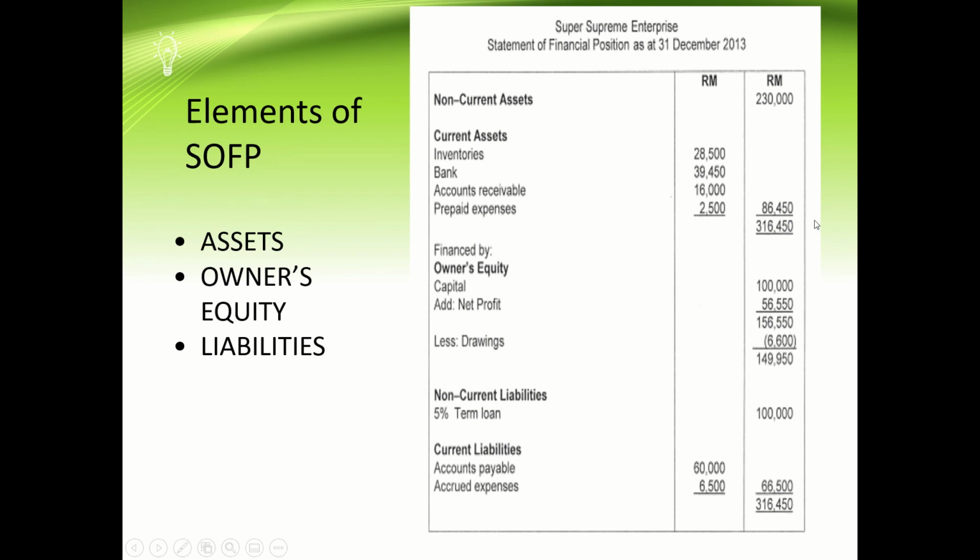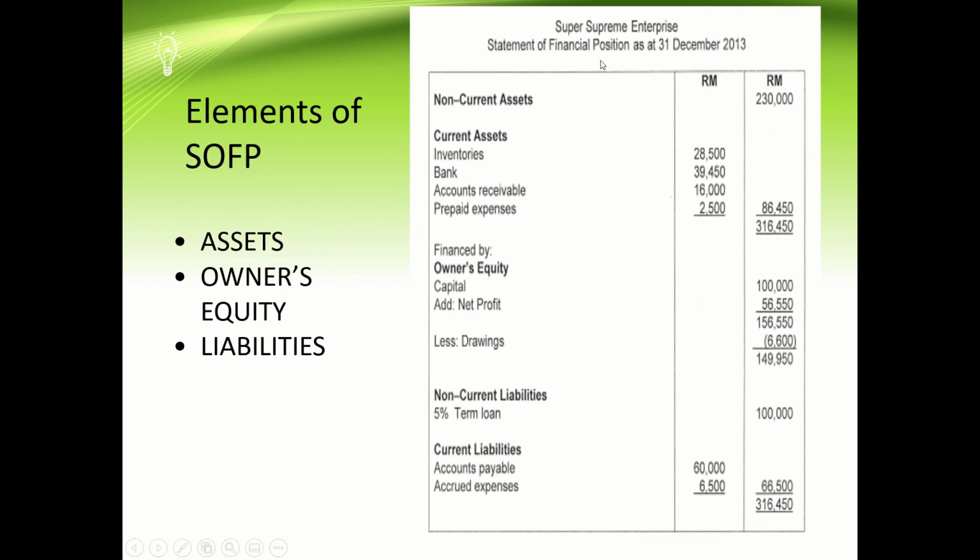Total asset in this example is 316,450, and the total amount of owner equity plus liability is also the same as the total asset, which is equal to 316,450.